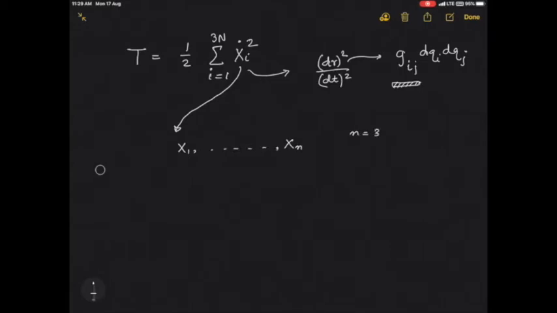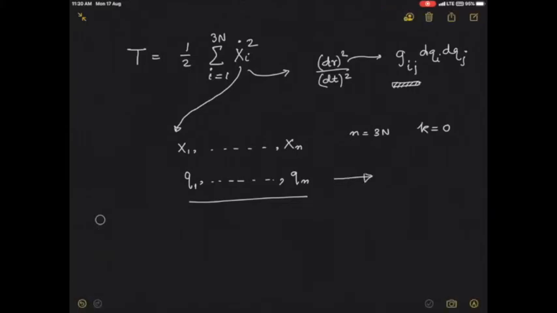In this case, small n equals 3n, because for this particular example k equals 0. In general, obviously, there can be non-zero k. So these are the coordinates I can label like q1 to qn. Now think of the configuration space. If I give all these coordinates a given value, this corresponds to a point in the configuration space.